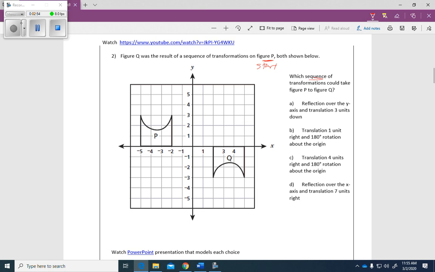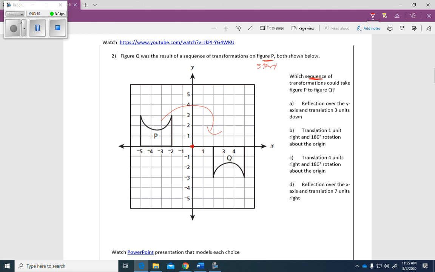So remember, when they're asking for a sequence of transformations, they're asking for more than one transformation. Something that I notice is that if the origin was my center of rotation, I could just do a 180-degree rotation and it would land over there. But that's just one transformation. That's not a sequence. So that's why that choice isn't here.